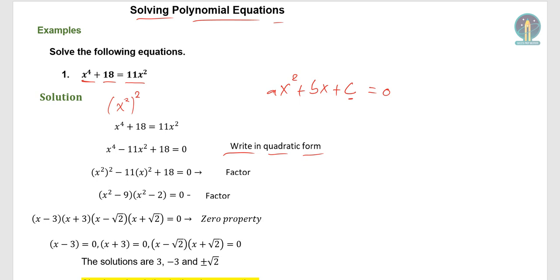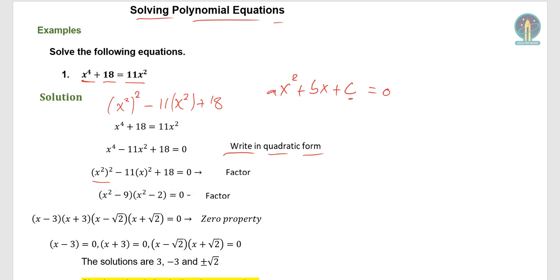X squared squared, minus 11x squared, which is the equivalent of just x, and then plus 18. So now if you break this, we have x squared all squared minus 11x squared plus 18 equals 0. So it's kind of like the quadratic of a quadratic, right?